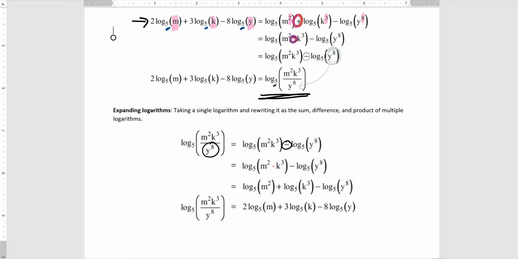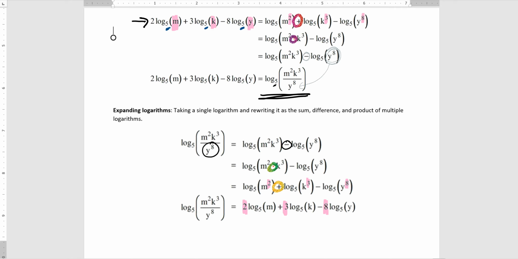Now notice we're multiplying m squared and k to the 3rd. That multiplication can become addition, so we can split that up. What do we do with those exponents? The exponents in m squared, k to the 3rd, and y to the 8th become the coefficients of the logarithms. It's the same properties, we're just going the other way with them.